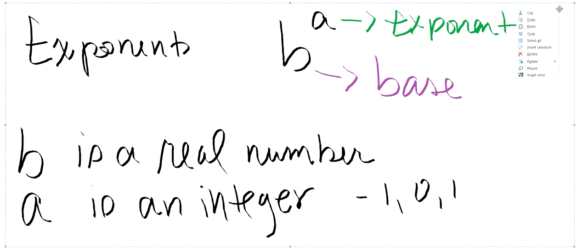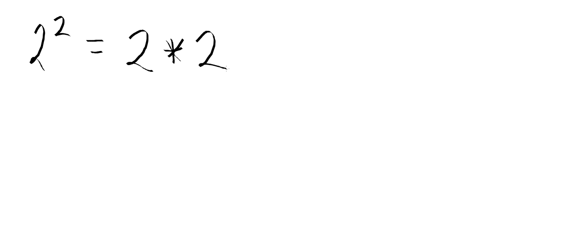The best way to go about this is just show you some examples. So 2 squared, that is the same thing as 2 times 2. Remember, the exponent is saying to do repeated multiplication of the base. So I know I have both 2's as my base and exponent, but the exponent says take my base of 2 and multiply it 2 times.